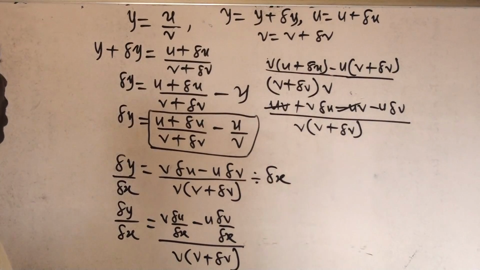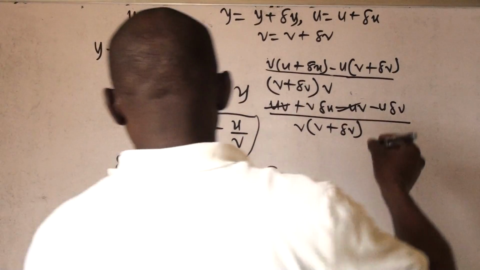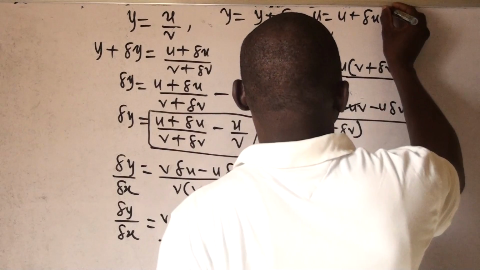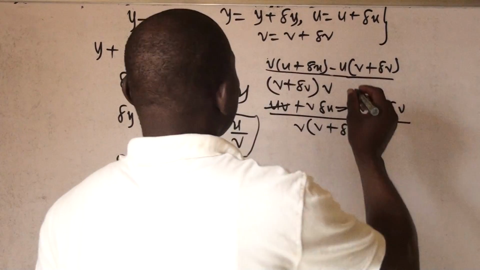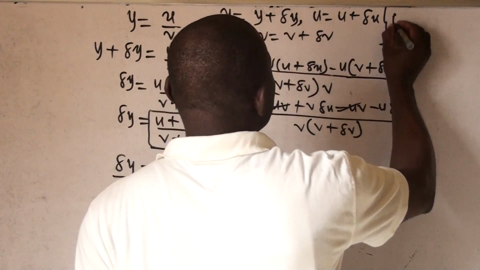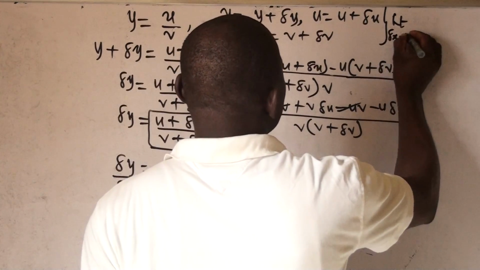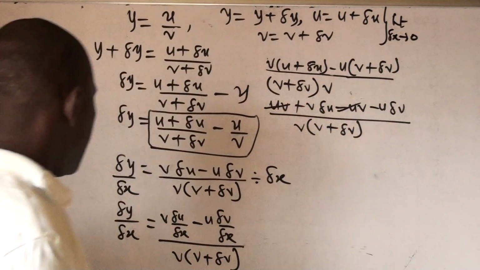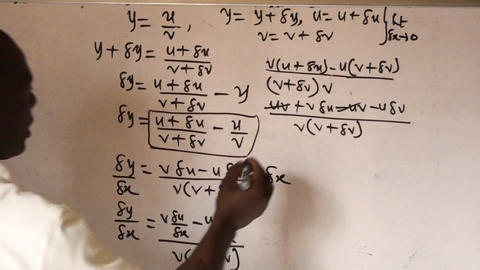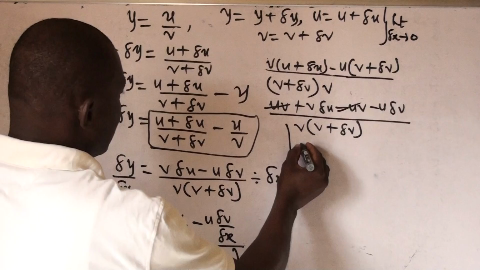Dividing by delta x affects the numerator alone. But here we also apply the principle of limits, as delta x tends to 0.